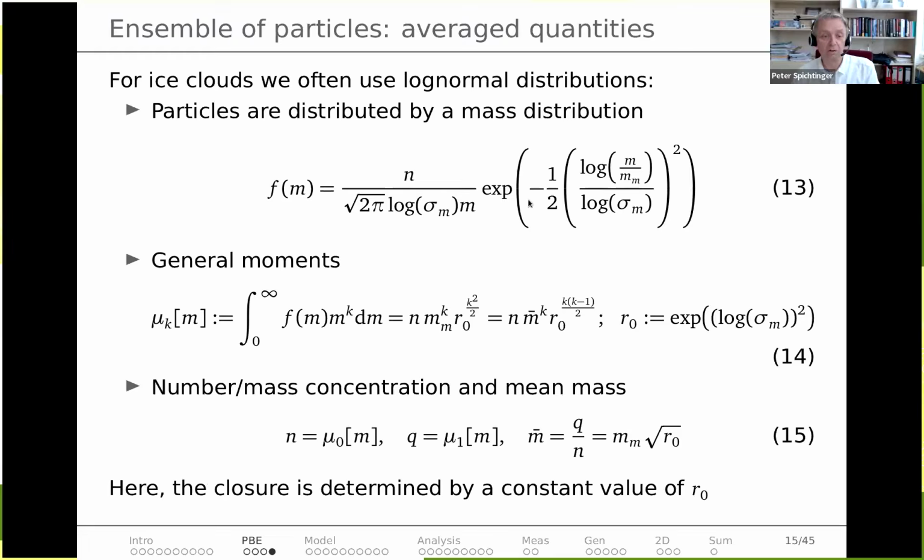If you derive general moments in this procedure, you are sure that this integral converges for k larger than or equal to 0, and we end up with the number concentration times the mean mass to the power of k, this is the kth moment, times a weird factor, which is just given by the width of the distribution. And what we usually do is close the system by a constant value of this R_0. Then you have the number concentration, the mass concentration, and of course the mean mass.